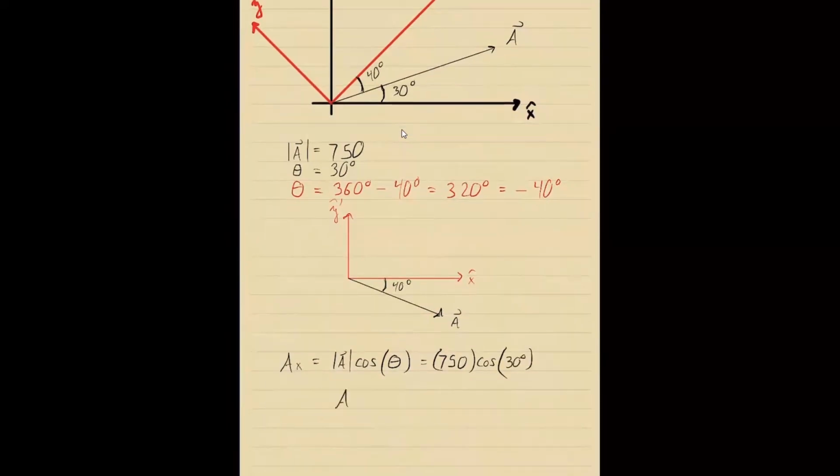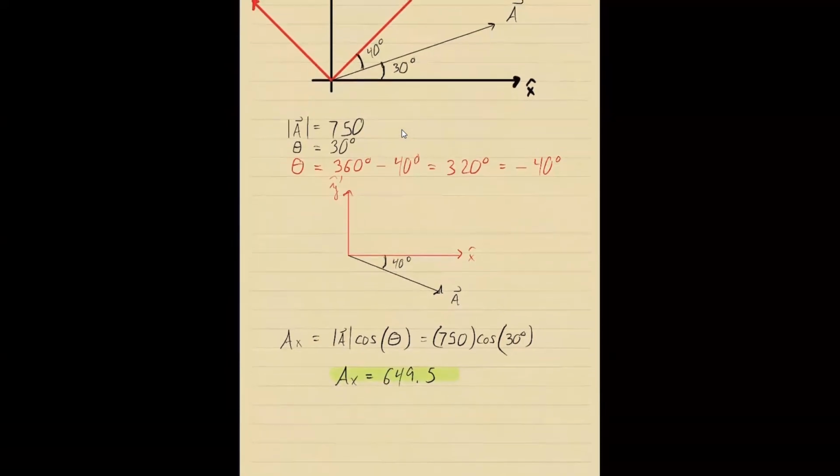So this gives us an x component for our vector A of 649.5 units. That's the first part of A.